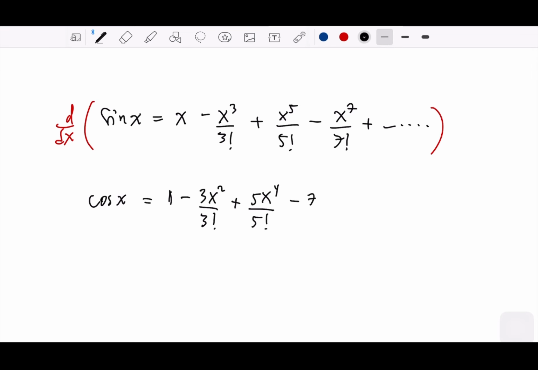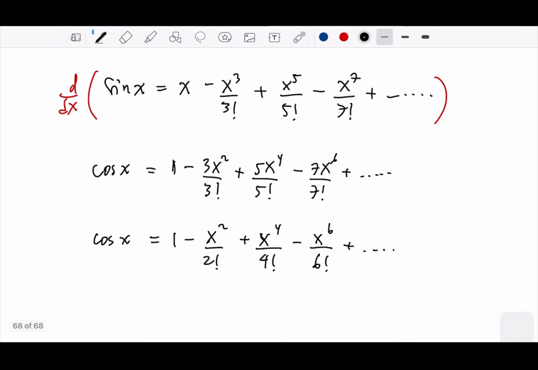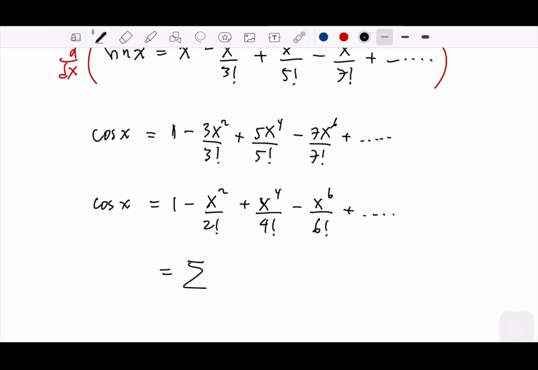This becomes 1 minus x squared over 2 factorial plus x to the 4 over 4 factorial minus x to the 6 over 6 factorial, and then it becomes a new sum, valid for all x.